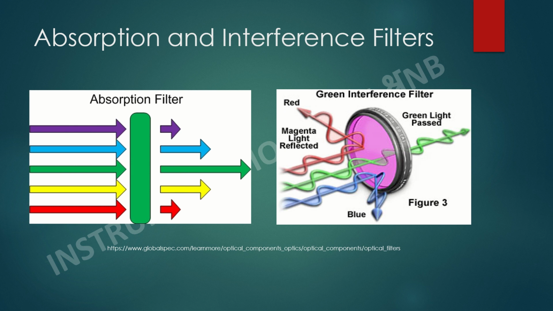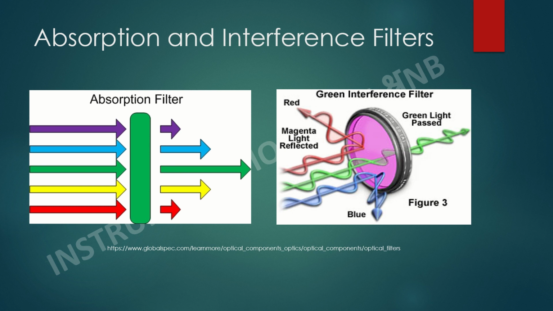Now, interference filters. In this type of filter, two glass plates are there. From inside, they are coated with photoemissive metals and are filled with a dielectric, for example calcium fluoride. Interference is a phenomenon in which two waves combine to form a new wave, right?